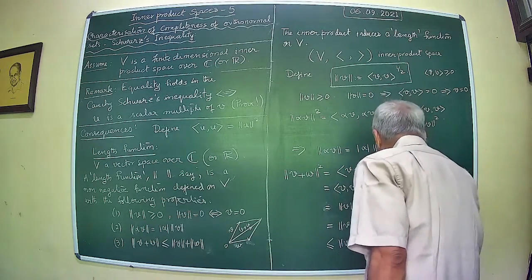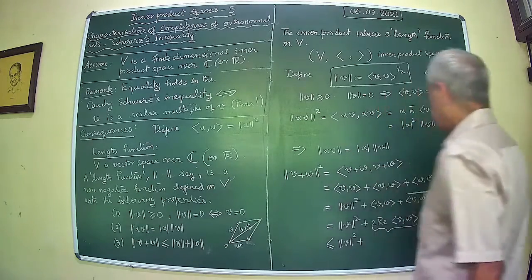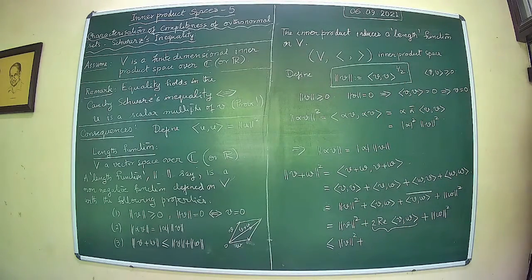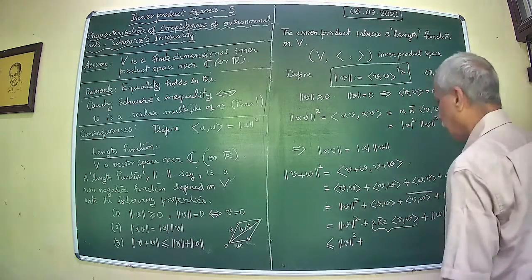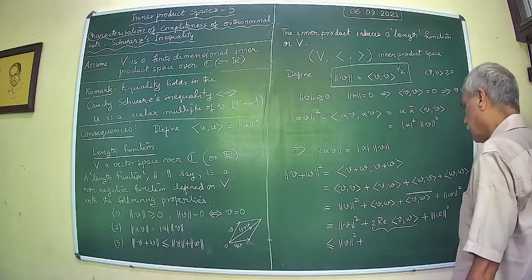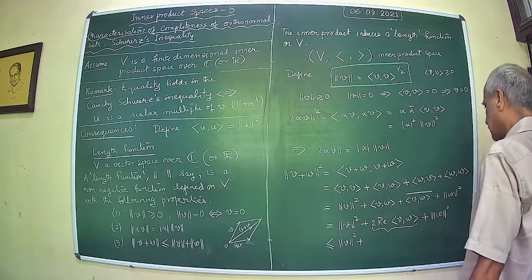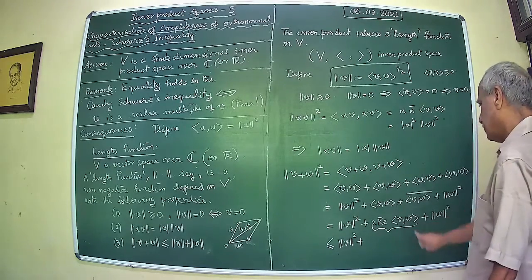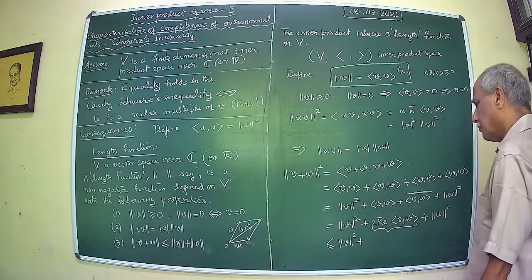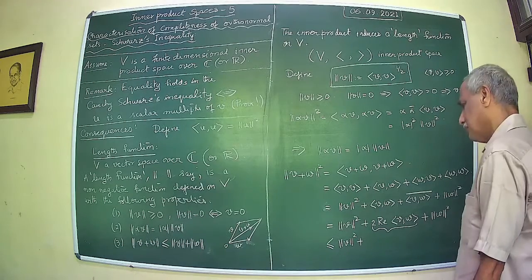Now this part, you see, the real part of the inner product of U V with the W is certainly less than or equal to the modulus of the inner product of V with W. Okay.